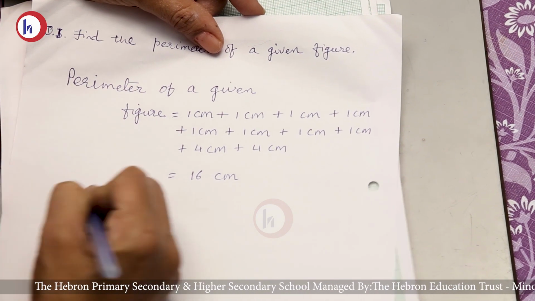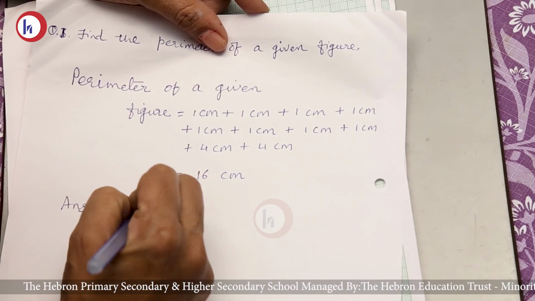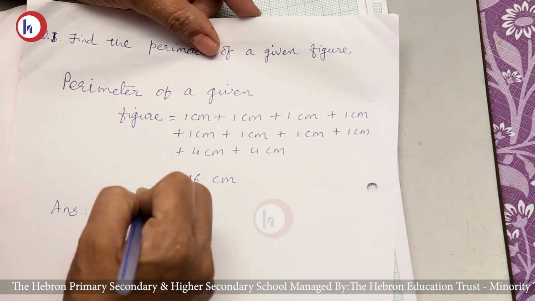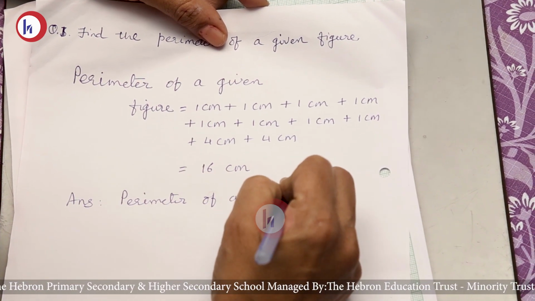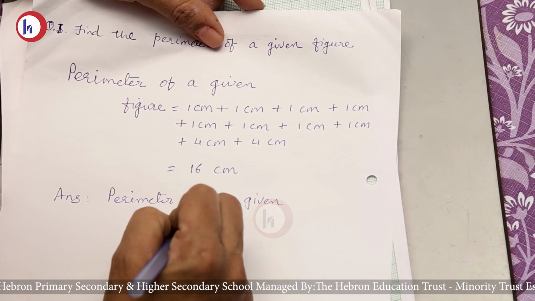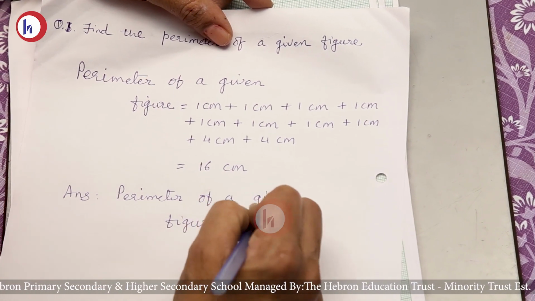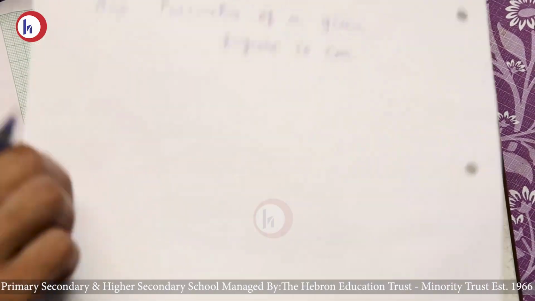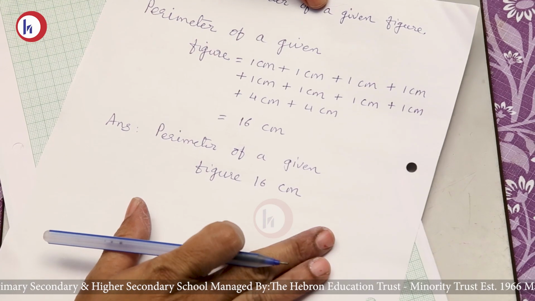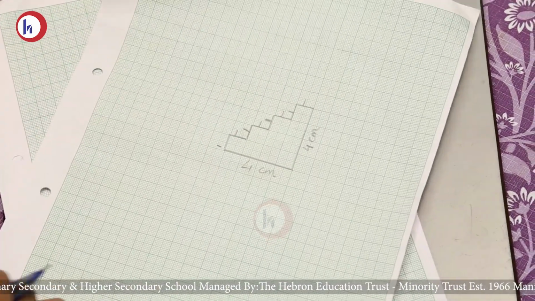Answer. Perimeter of a given figure is 16 centimeter. If you will draw this figure, if you will not count this sum, then your answer is wrong. That means we will not get full marks.